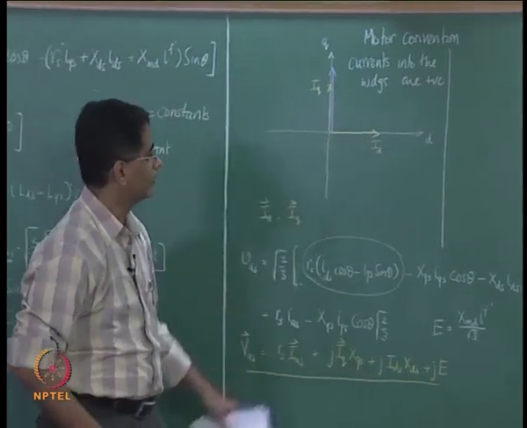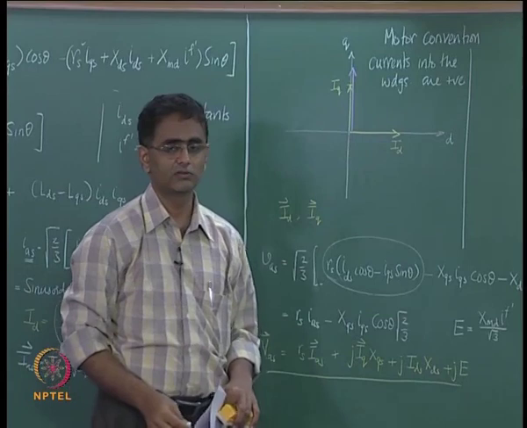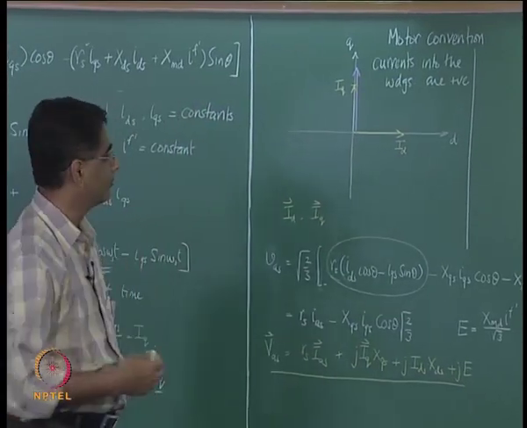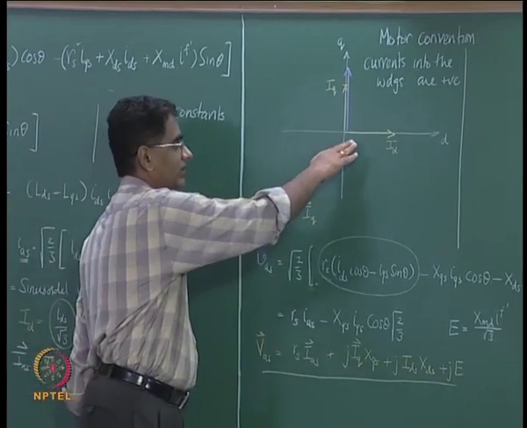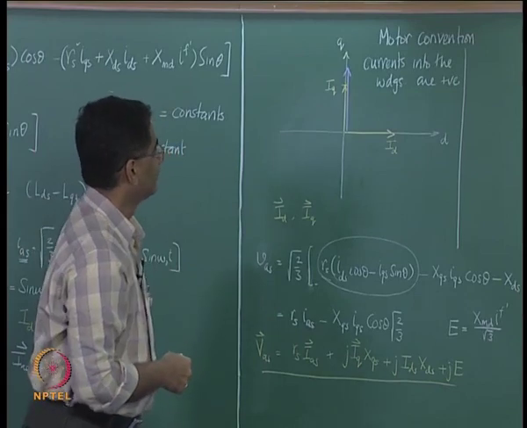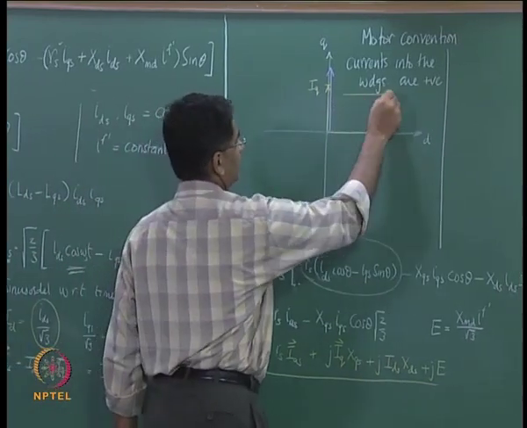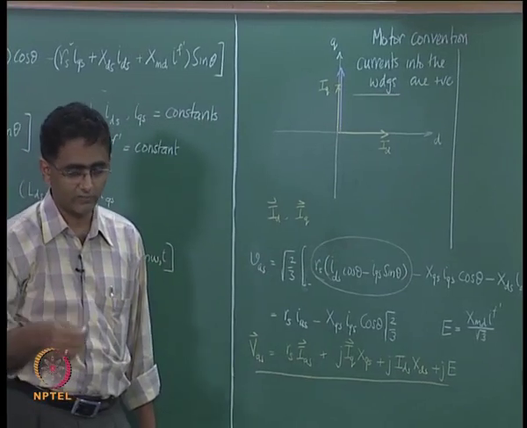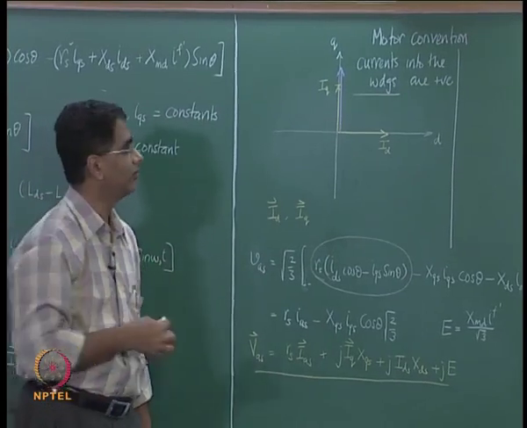That means if I draw a phasor like this and I consider this to be greater than 0, then what I am really saying is this much current is flowing into the machine. That is not the only thing, because we are considering motor conventions and we have derived the expressions in that form.